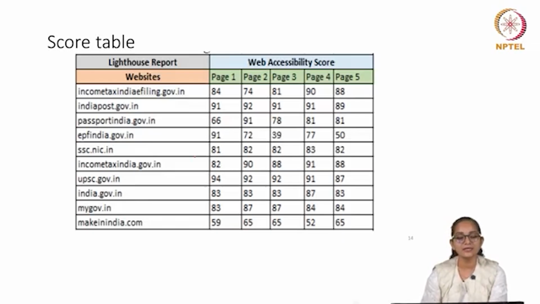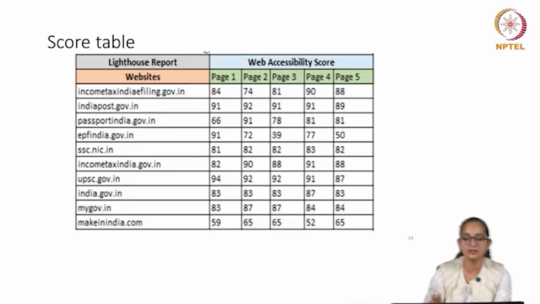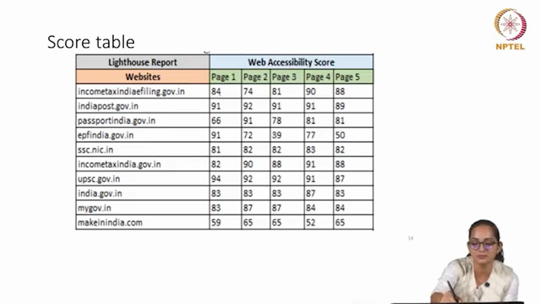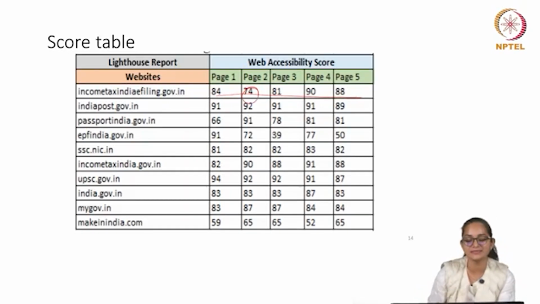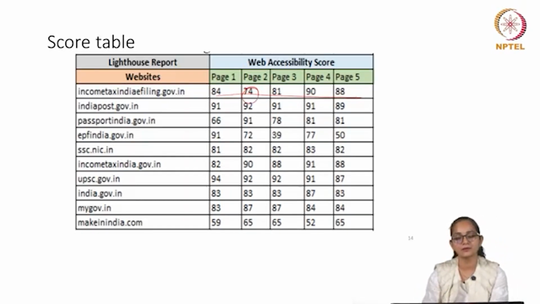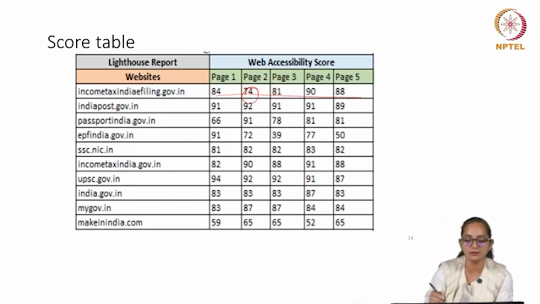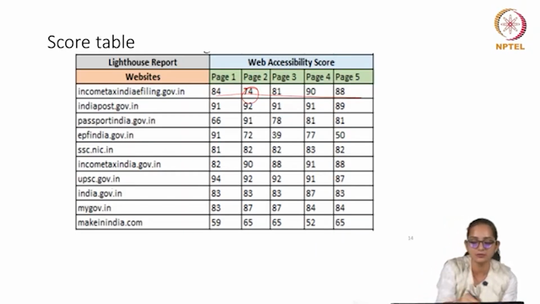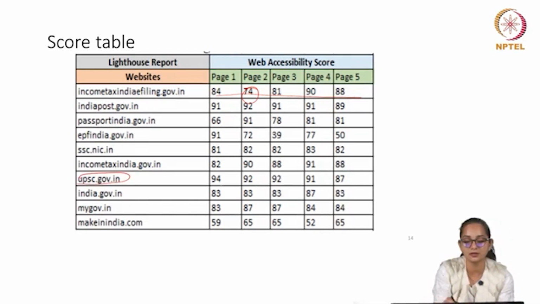So, for example, incometaxindiaefiling.gov.in had reasonable scores, only one page with less than 80. So, some of them are really good. For example, upsc.gov.in has reasonable accessibility.